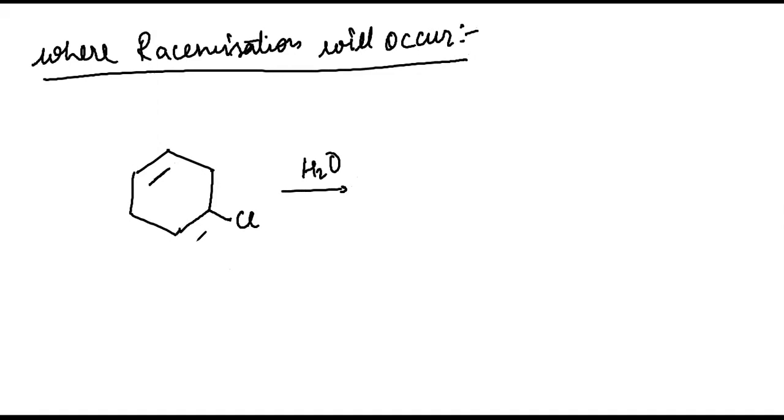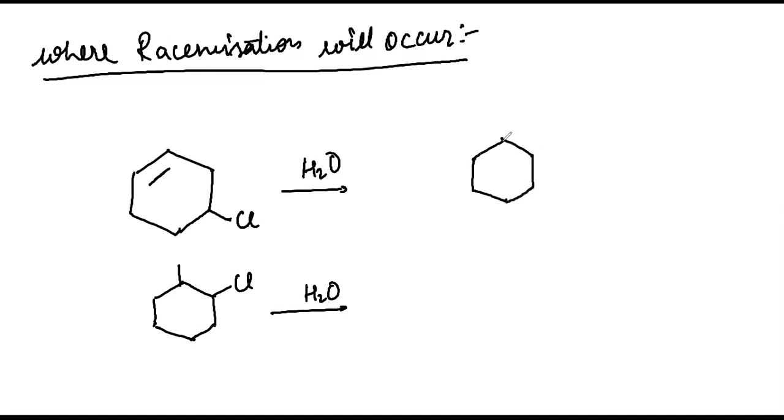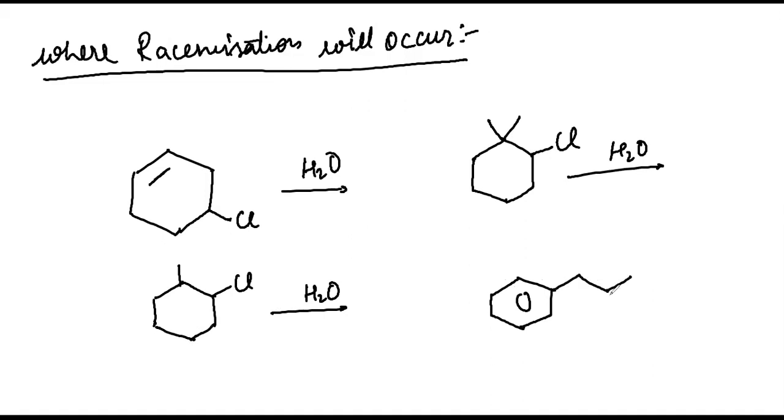And draw the major product as well. In which case will you get to see racemization?